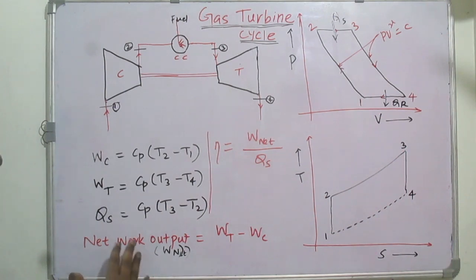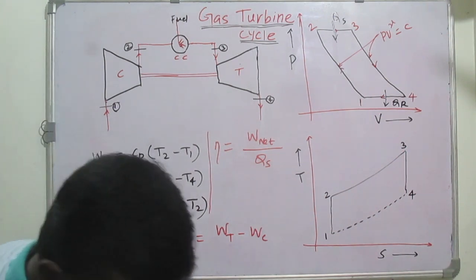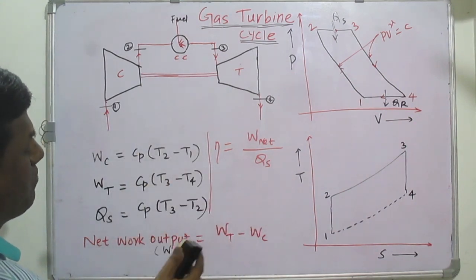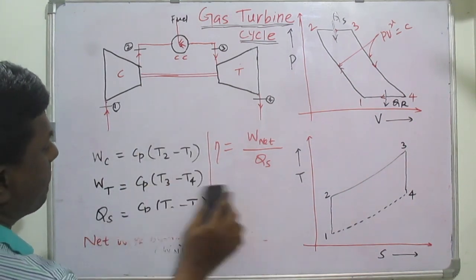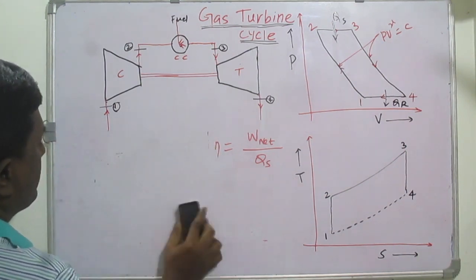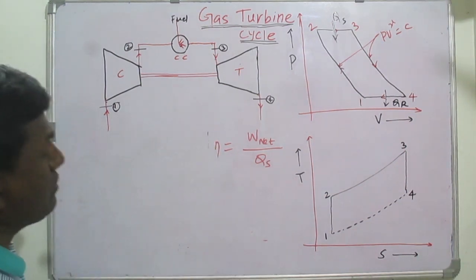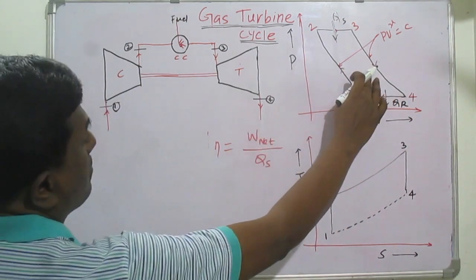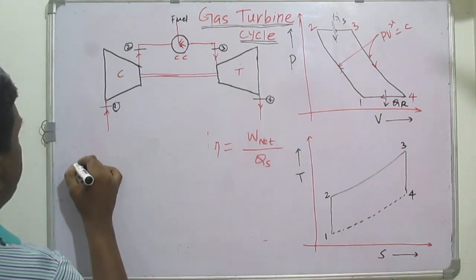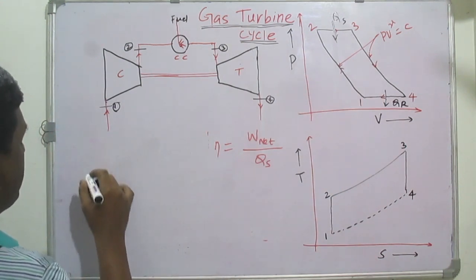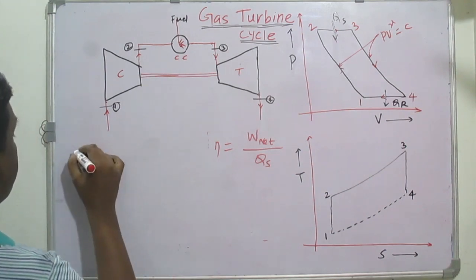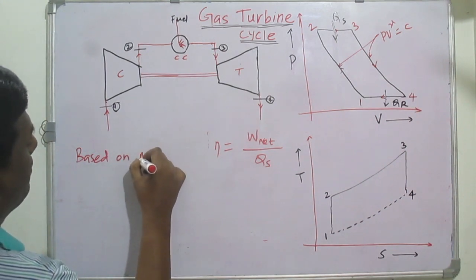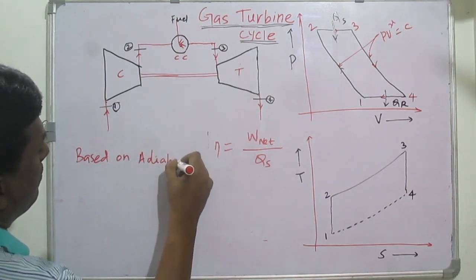Now let's work further to get the efficiency formula. First we have to write down the expression based on the adiabatic rule, that is, the adiabatic conditions.